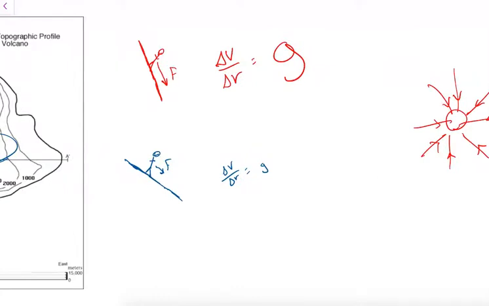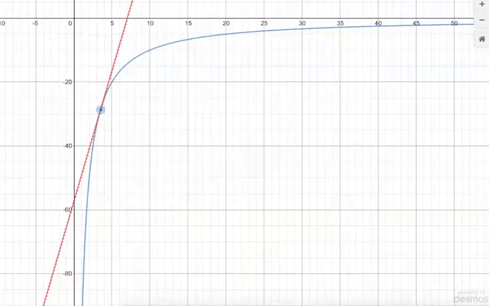So I'm going to actually pause and give you another visual representation of slope. All right, this is a Desmos created graph that represents a slope, so a tangent line.